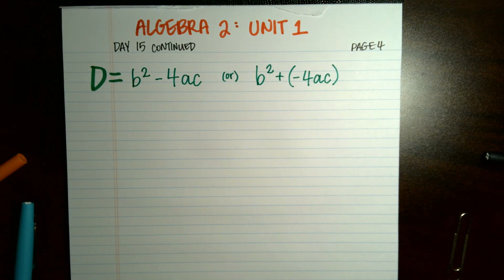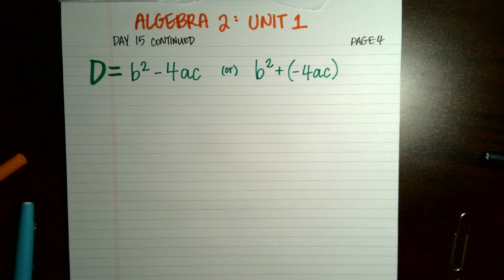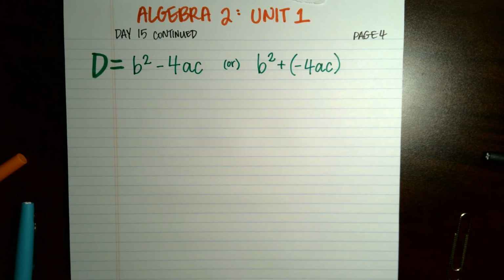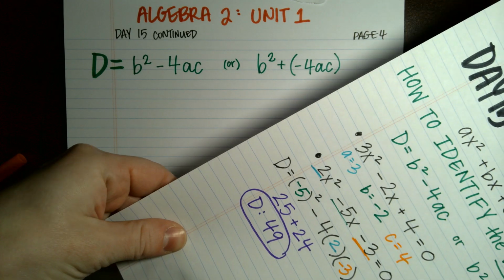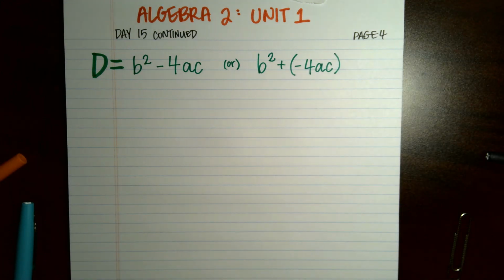So once we have found our discriminant, just like we did previously, we found negative 44 and then positive 49. Here's what those numbers are going to tell us.